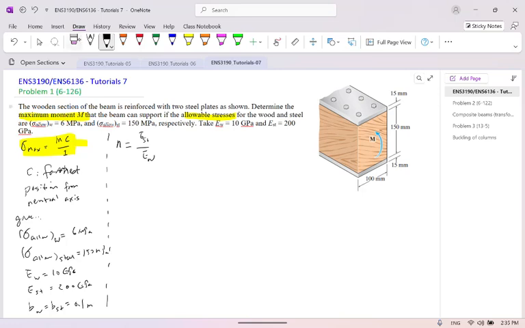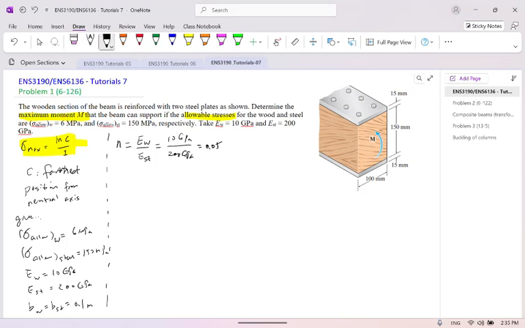Wood must be on the top. So we transform wood into steel, that's the way. That means from 10 gigapascals to 200 gigapascals, so n is 0.05.